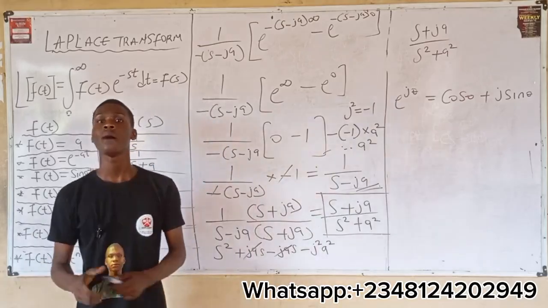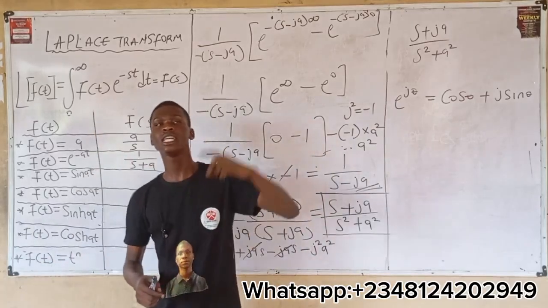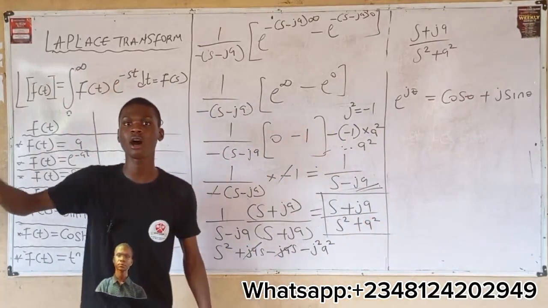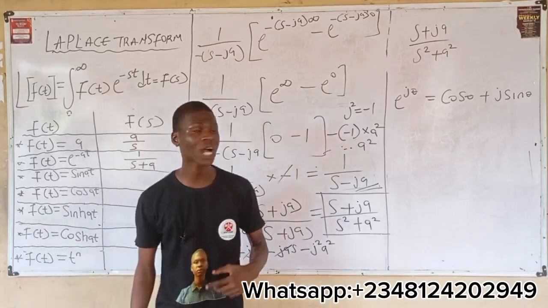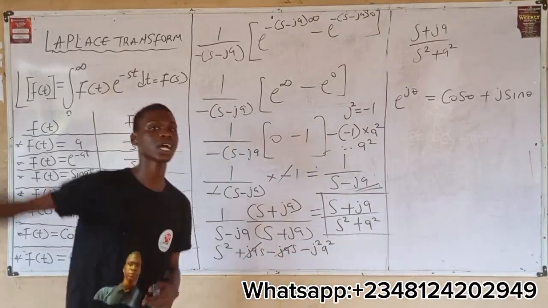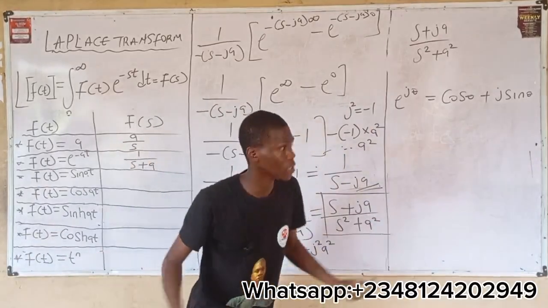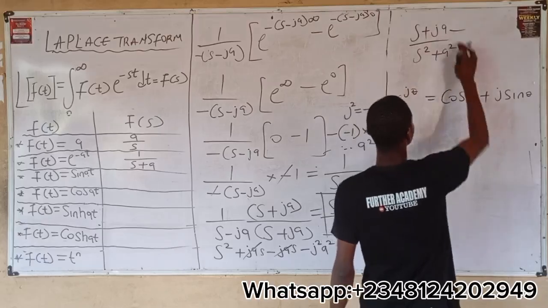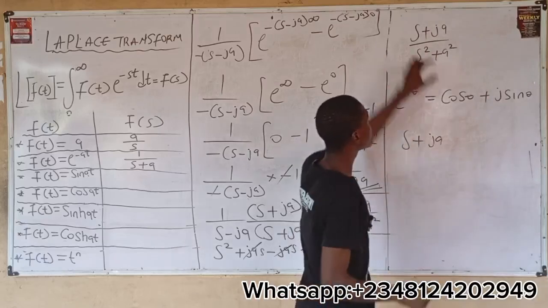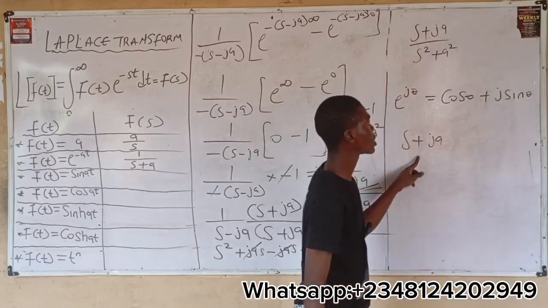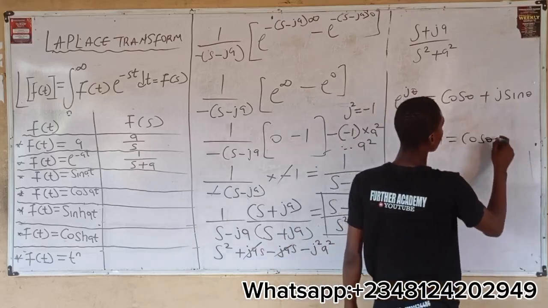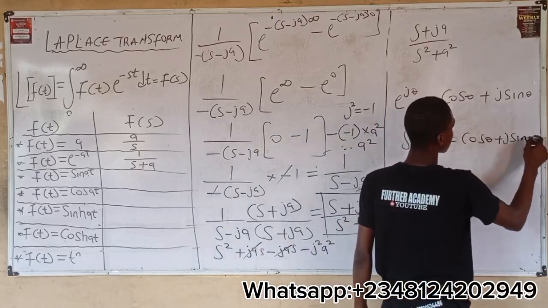I made mention of this previously. We have what we call equal complex number. By equal complex number, you are saying the real part of the left hand side is equal to the real part of the right hand side. The imaginary part of the left hand side is equal to the imaginary part of the right hand side. That's what we are doing here basically. From this function, let's bring out the numerator, meaning I'm having x plus ja, equating it to cos theta plus j sine theta.